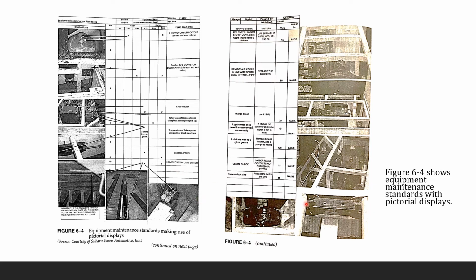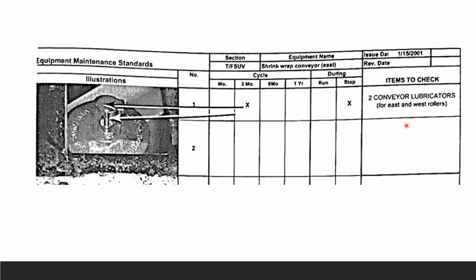Here you can take a look at an example in figure 6.4. You have some pictures right there pointing out what they are. If you take a look at an exaggerated picture, you can see that's your equipment maintenance standards. And here is your pictorial illustration. It's showing you your section, equipment name, and issue ID.